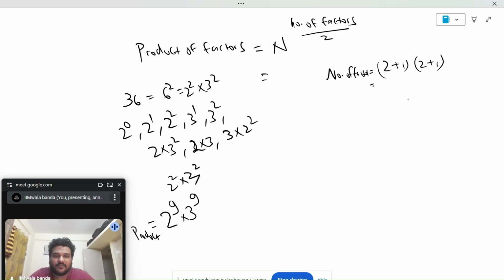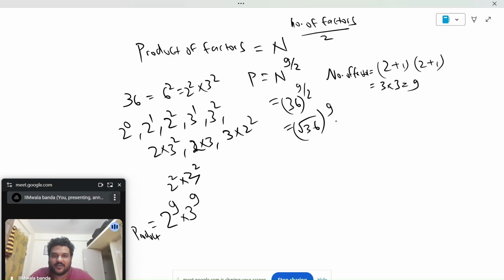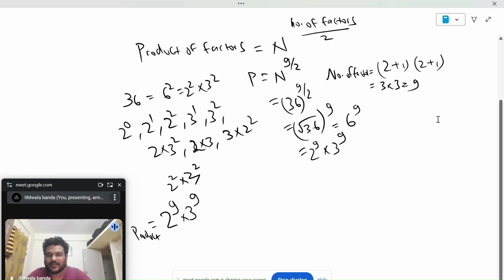Once you got number of factors as 3 into 3, 9, you will write simply product of factors will be 36 to the power 9 by 2. Take that power inside, root 36 to the power 9 or 6 to the power 9. Now just to match the options, we can write it as we want, but you can see that this makes sense. So this is the formula for product of factors.